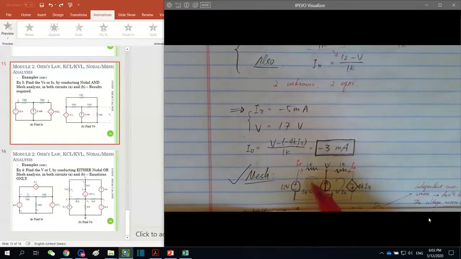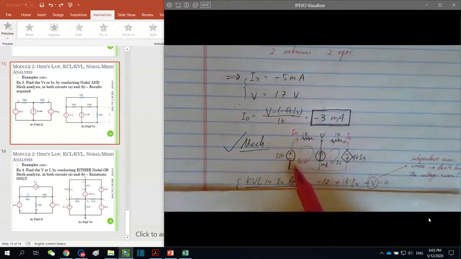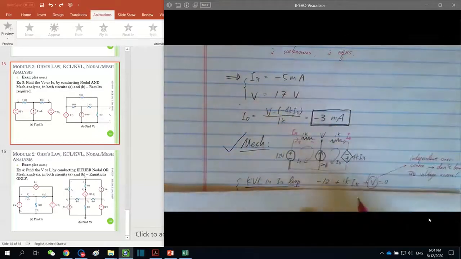So for the Ix mesh here, the KVL equation is like this. First of all, we rotate and come across the negative polarity of the 12 volts, followed by positive, so negative 12, plus Ix times 1k.